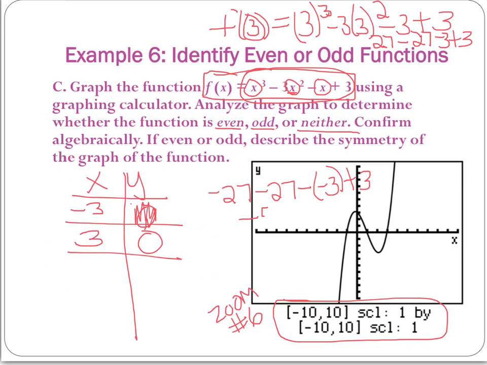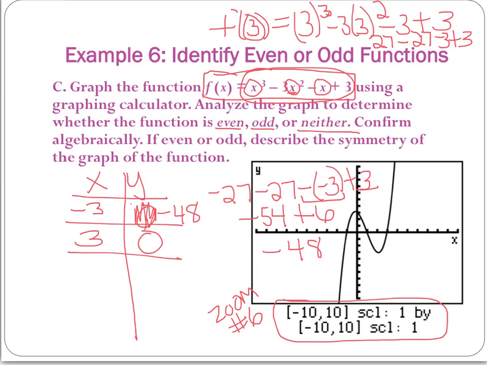This is going to give me -54 plus, this is going to be a +3, and another +3 is +6. -54 plus 6 is going to be -48. So I should get a -48 at -3.